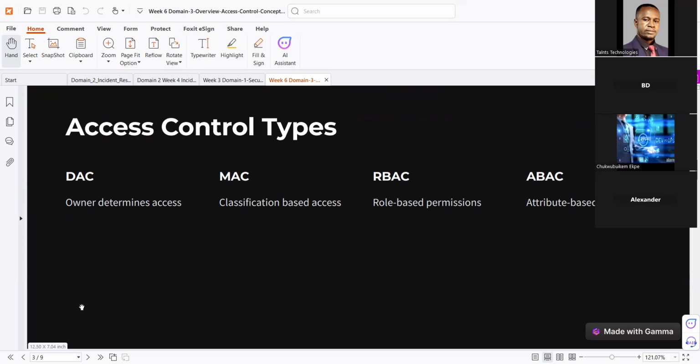Access control types. We have discretionary access control, where the owner determines who accesses what. Here, the manager can determine who in his team he can give access to certain documents and certain operations.